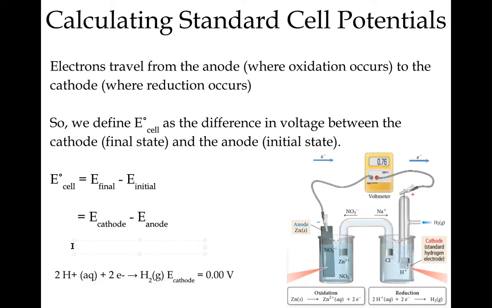We could say that 0.76 volts equals the cell potential of the cathode, which in this case we said is 0, minus the cell potential of the anode.